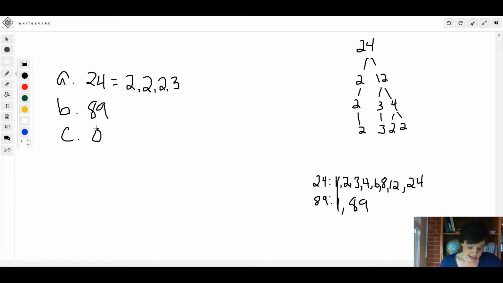All right, on letter D, it says, what is the least common multiple? That's the LCM. Now, these are factors. Factors are sets of numbers that when multiplied together, they equal a number.